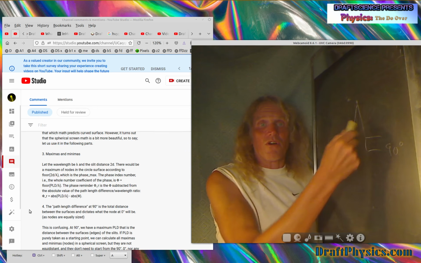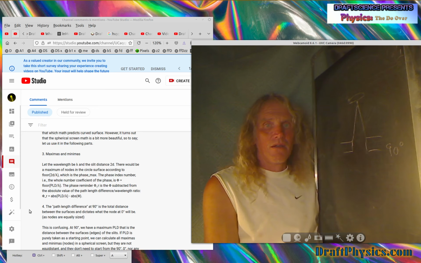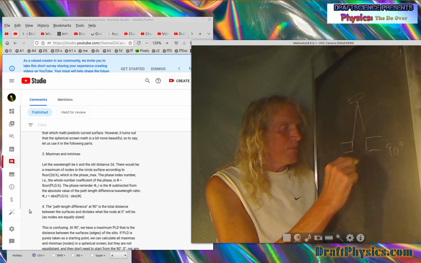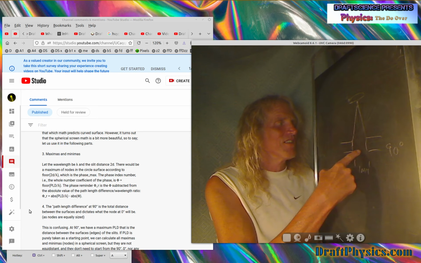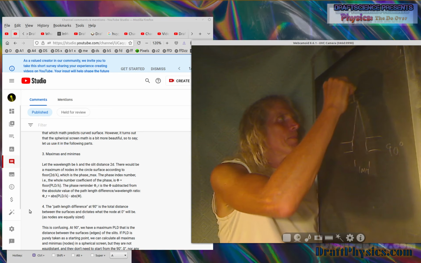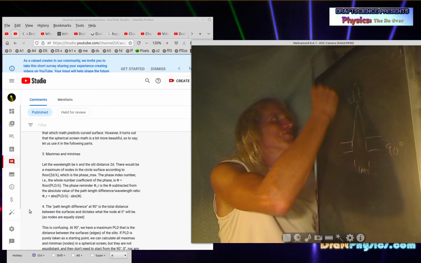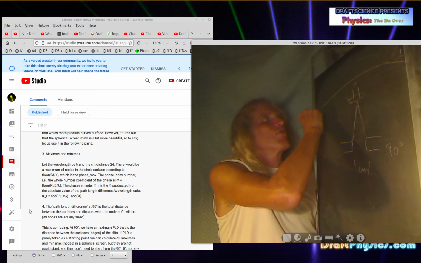Therefore, it's a whole wavelength. Therefore, it has to be a maxima. I didn't realize this is 1 millimeter. This happens inside of 1 millimeter in here, right? I mean, this node is going to be 5 inches in size. I can't even draw how big it's going to be proportionally.